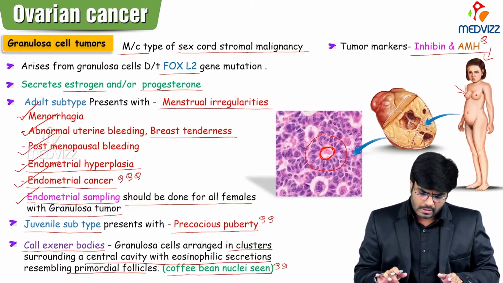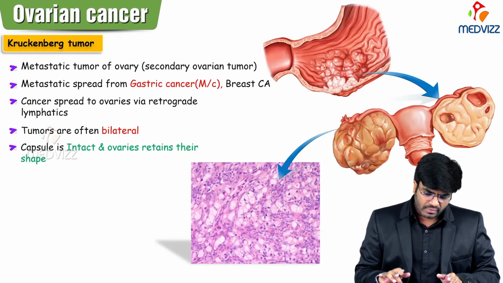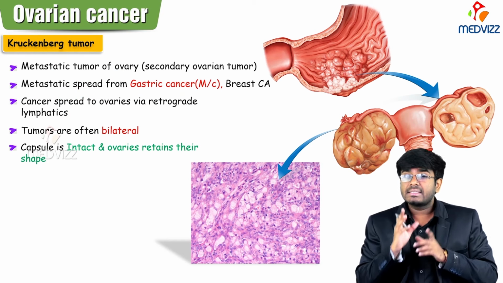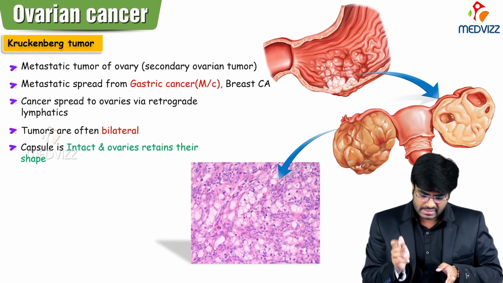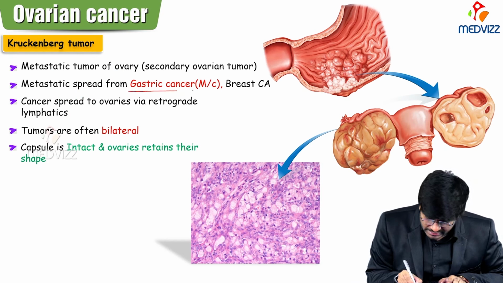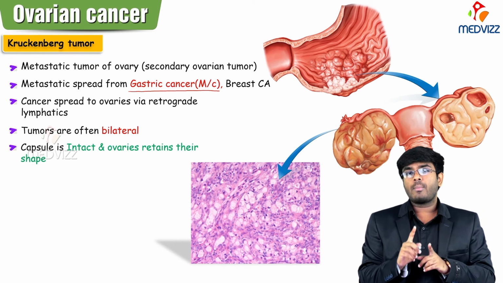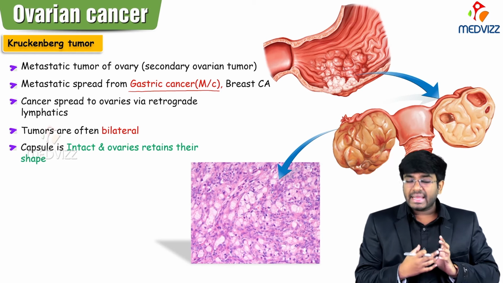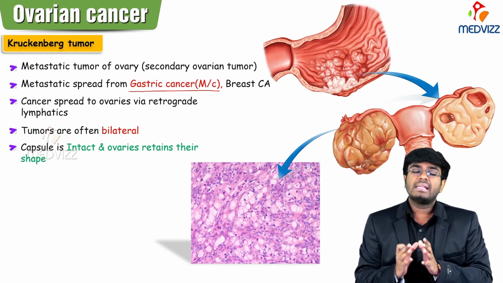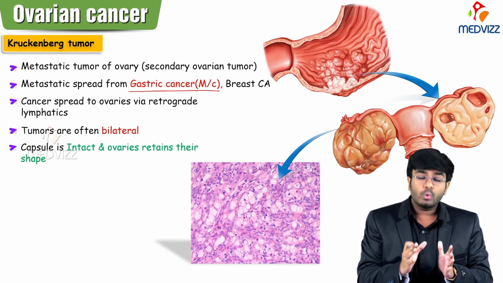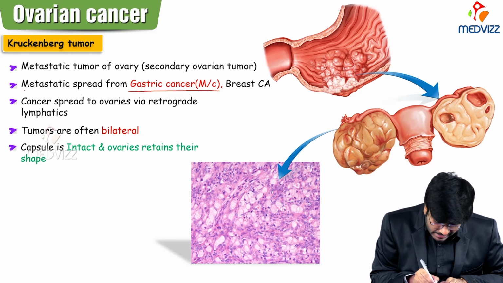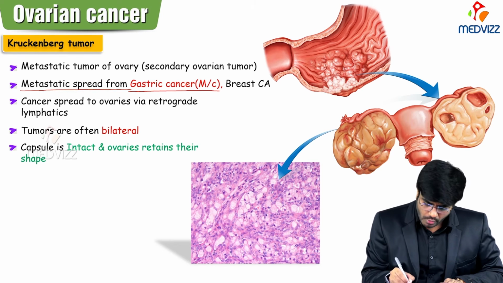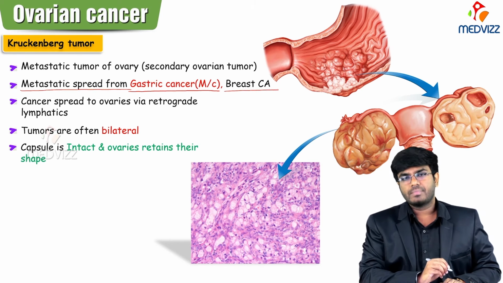Okay. Now, what is the most common site from which this Krukenberg tumor is getting metastasized? It's the gastric cancer. Okay, so gastric cancer is the most common cause. Gastric cancer will metastasize to the ovaries, and there it can proliferate as a Krukenberg tumor. So metastatic spread is most commonly from the gastric mucosa followed by the breast.